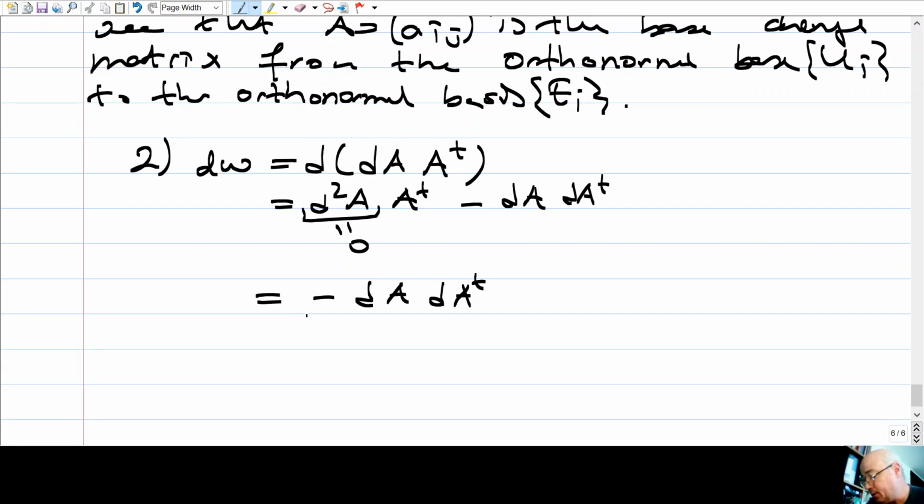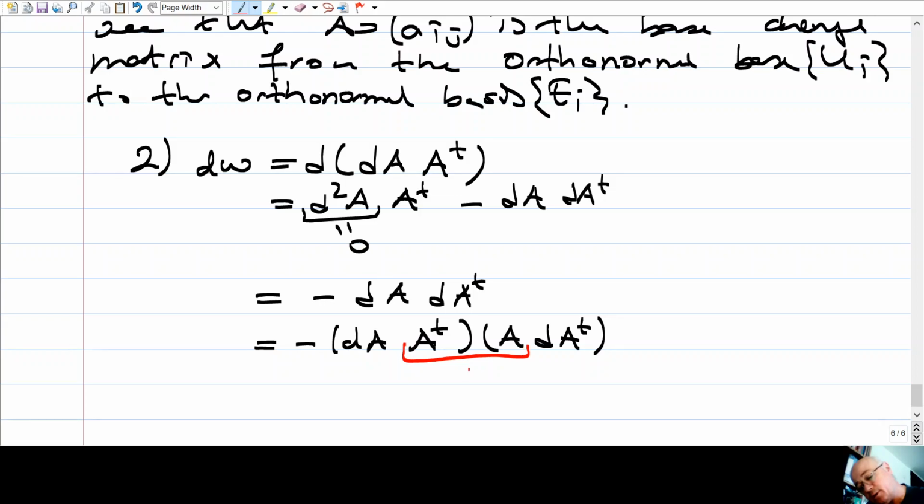All right. Okay, I can write it this way. This is just minus dA, I put A transpose here, and then A here, and dA transpose here, noting that this product is identity, right?